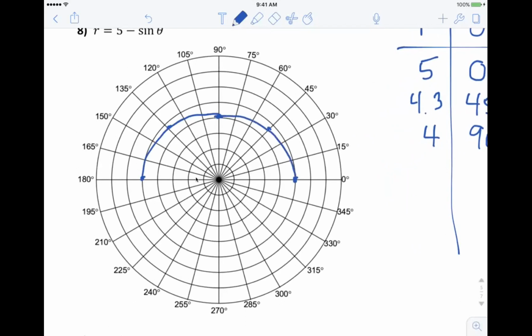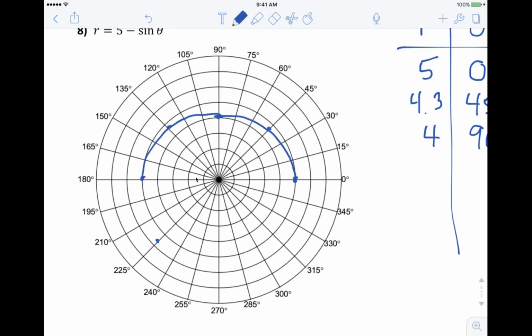Okay, so I can start to see the shape of my graph form here. And if you check your completed notes, it'll look nicer. I'm just doing my best here. And then I would probably plug in 225 next to see what I get, right? 5 minus sine 225. I get 5.7, so it's going to go beyond that 5 out to almost 6, right?